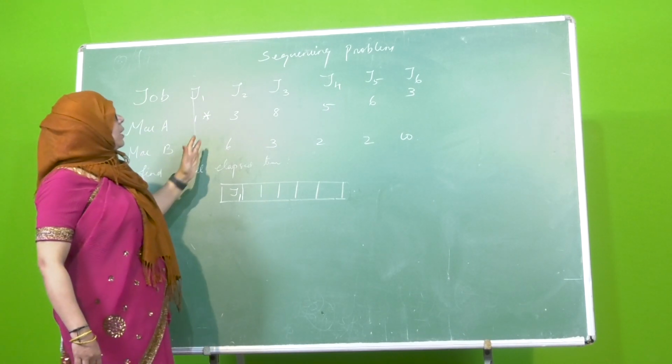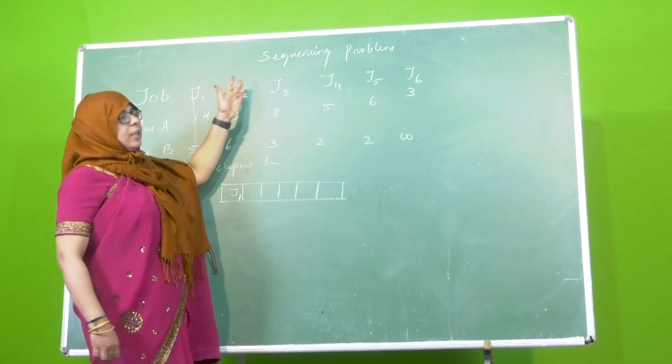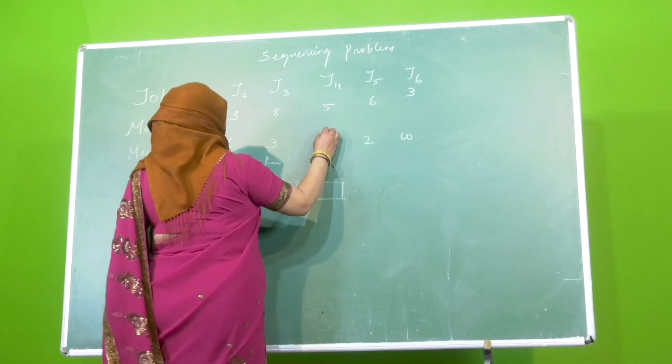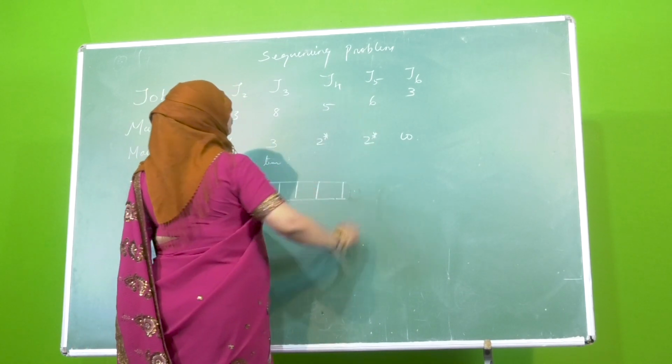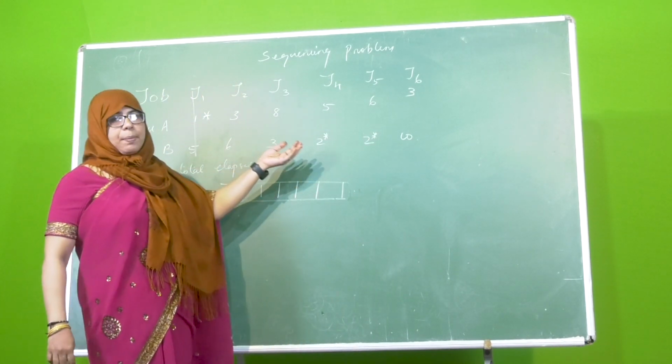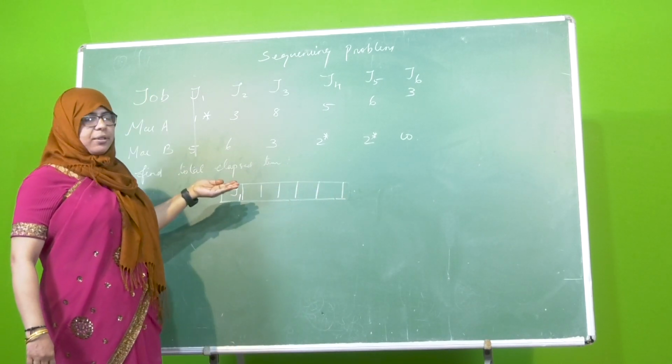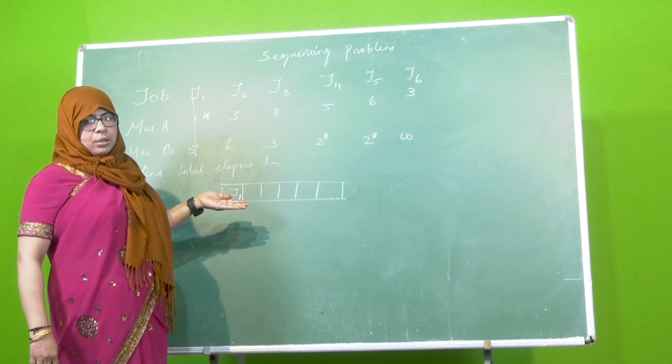Next, what are the least elements among the remaining numbers? Obviously that is 2, and the 2 appears twice. So which one do we write first?